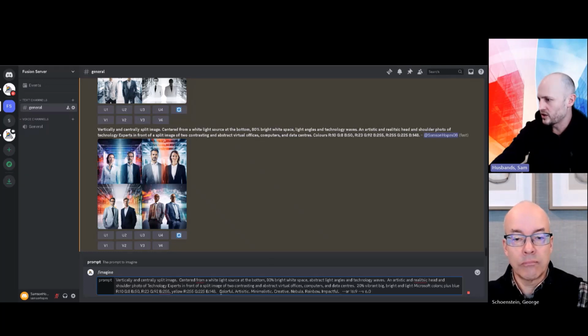So the only additions to the last prompt are colorful, artistic, minimalistic, creative, nebula, which was an odd one that we stumbled across, but it really adds some of the abstract, almost sci-fi nature to some of our images. Rainbow and impactful.